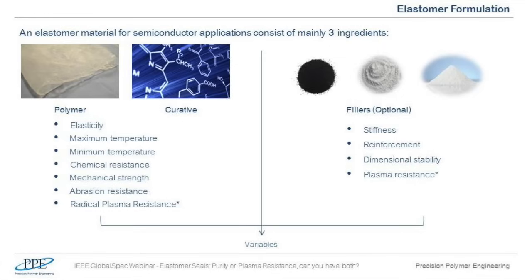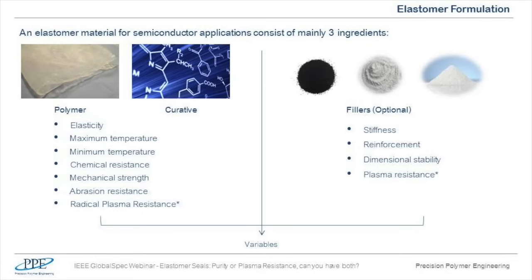So this polymer-curative pair is the main part of a formulation. Properties like elasticity, minimum and maximum temperature capabilities, chemical resistance, mechanical properties, and radical plasma resistance, which is actually the chemical resistance of a polymer, are all determined by the type of the polymer. So for a basic pure elastomer formulation, we do not need to add anything else. Just polymer and curative will work.